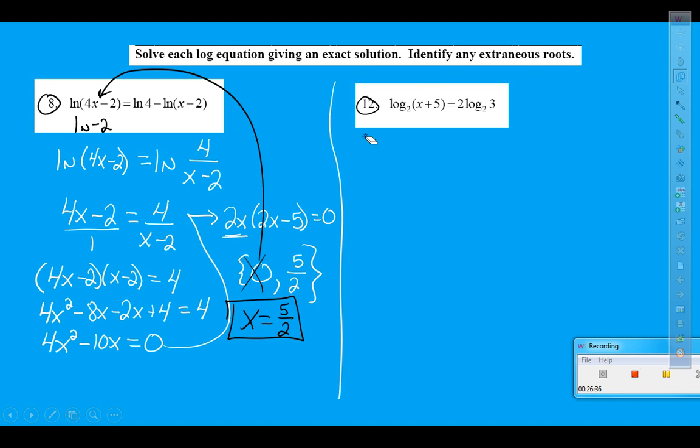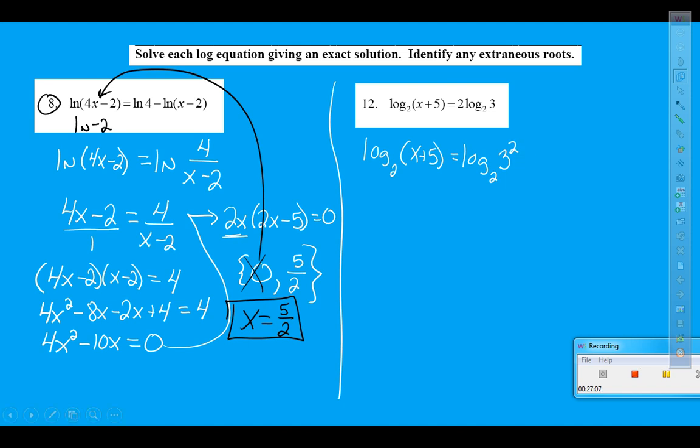And then here's my number 12. Might be my last circle one if I remember right. And then we go to stars. So once again, a log on each side. So here goes. I'm going to think of this as log base 2 of x plus 5 equal log base 2 of 3 squared.